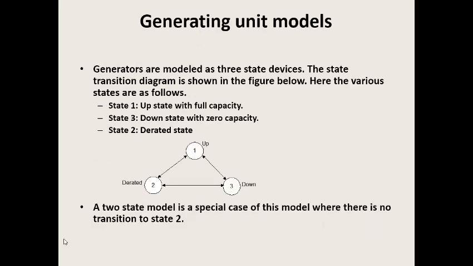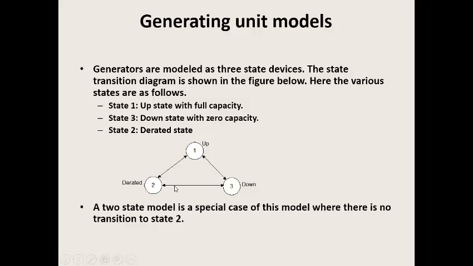The generating unit models can be 2-state or 3-state. For a 3-state model, you have the up state with full capacity, derated state with partial capacity, and down state with zero capacity. A 2-state model will be, of course, a special case of the 3-state model because this state is not there.